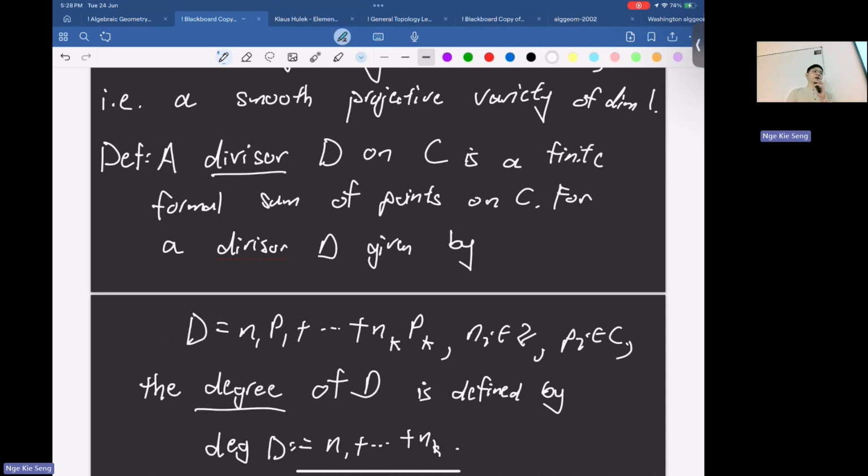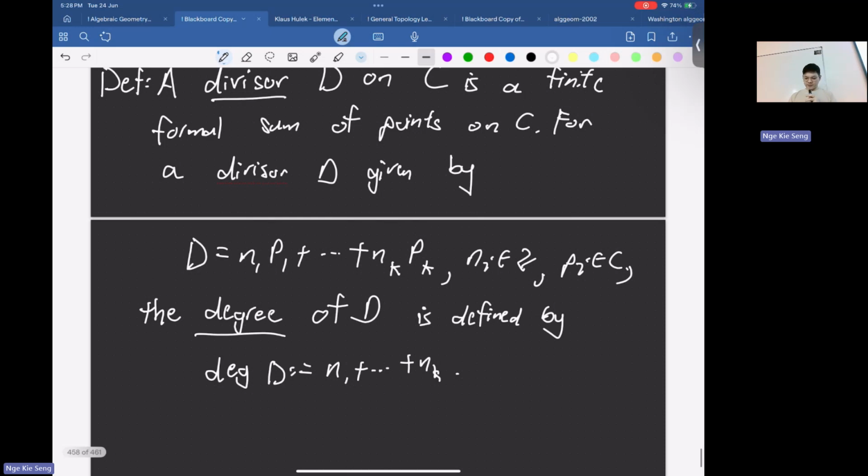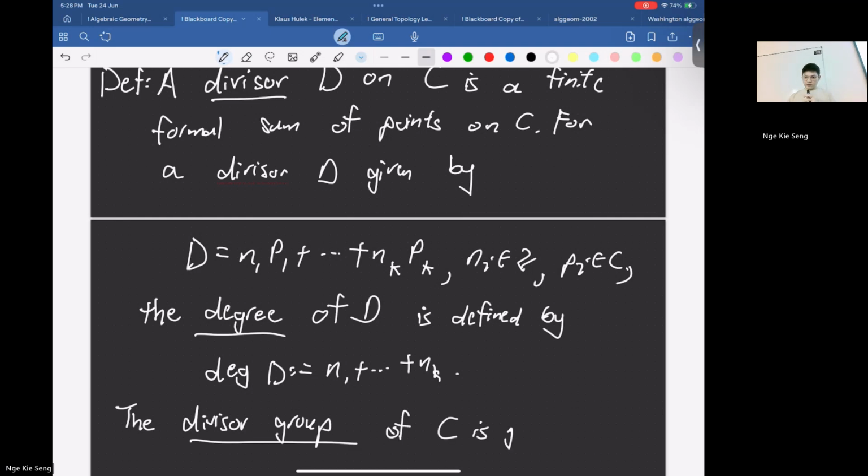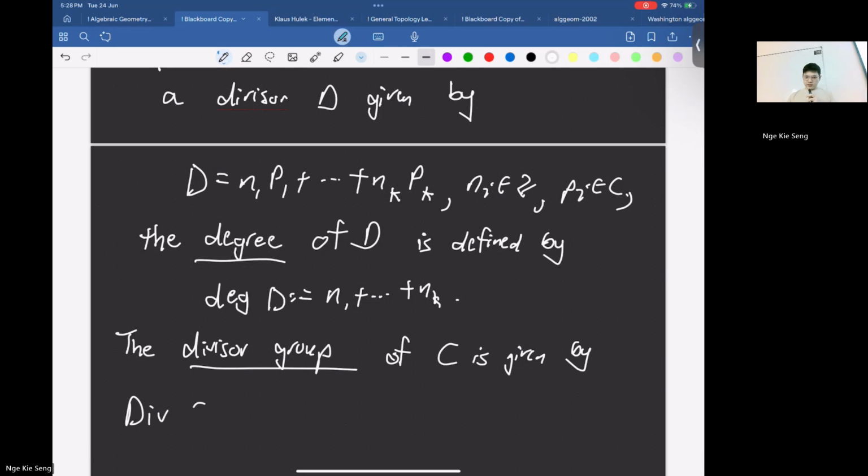This is a finite sum, right? You can imagine that we can add divisors together. You are just adding finite sums together, and you still get a finite sum. So this actually forms a group called the divisor group. The divisor group is all the elements D such that D is a divisor.